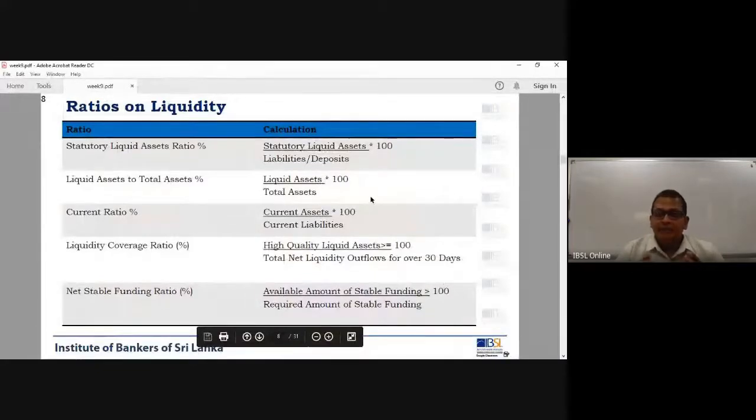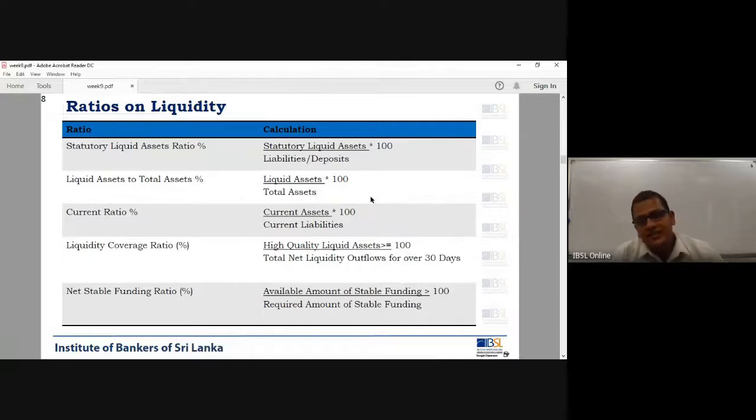Actually, in the Banking Act itself, a definition is given for statutory liquid assets. And under the Banking Act, the Central Bank of Sri Lanka issued a direction, and in the direction they have defined, okay, you can consider these items as statutory liquid assets. For example, cash in hand.